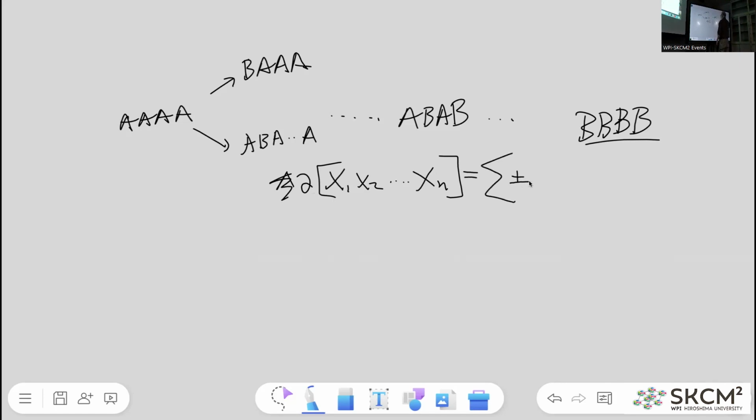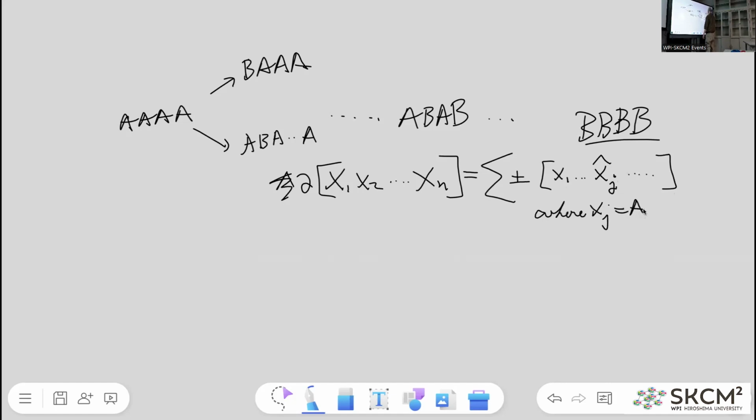We have to figure out what they are, just like an abstract simplex of x1 through xj hat, where xj equals a and xj hat is equal to b. This is the analog of a simplex, but for the cubical category. It works very well, and you can do it directly rather than working with simplices. So I'll show you what I mean directly, and you'll see what I'm going to do.